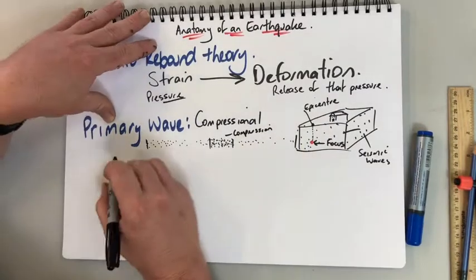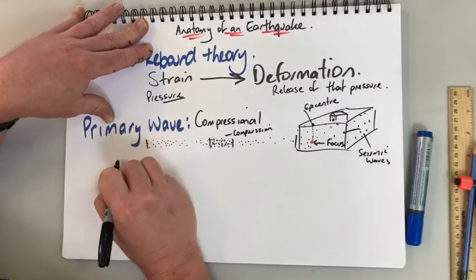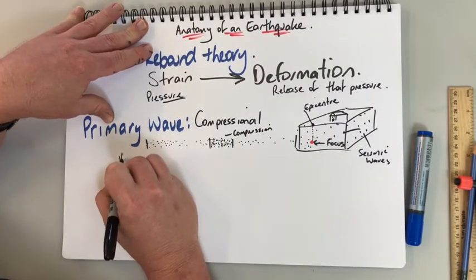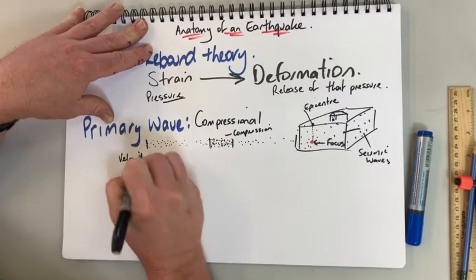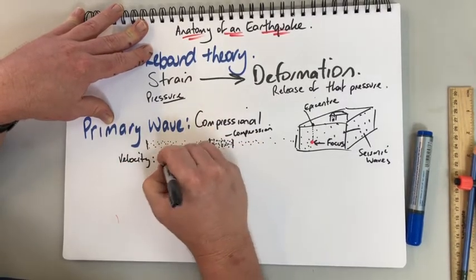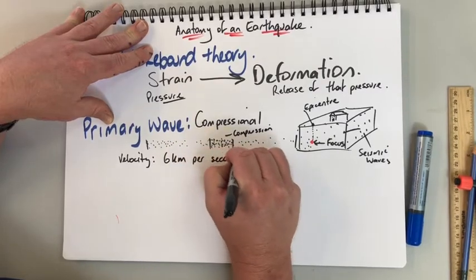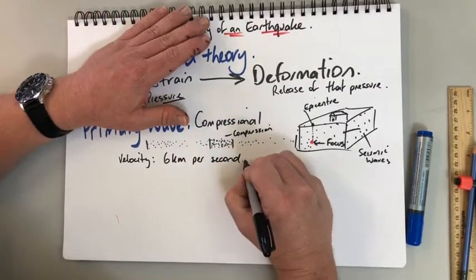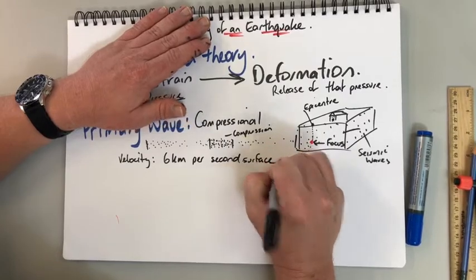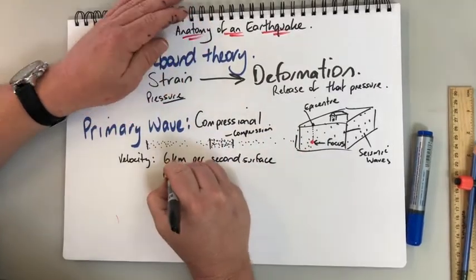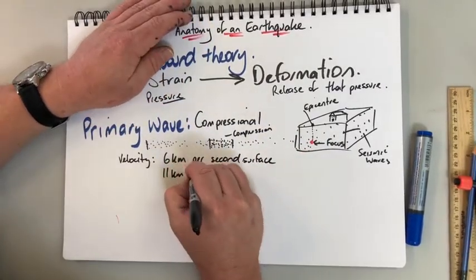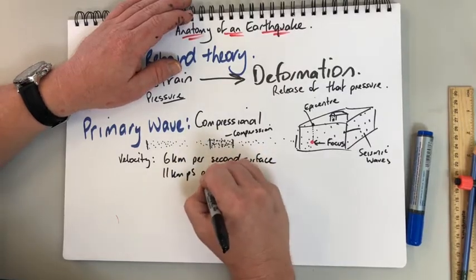It is the fastest of all the waves, and it moves, I shouldn't use velocity, but let's just use that, at about 6 kilometers per second on the surface. It moves at about 11 kilometers per second at the core.